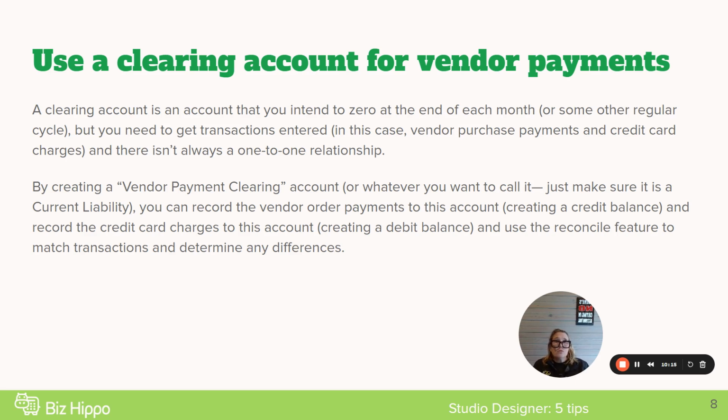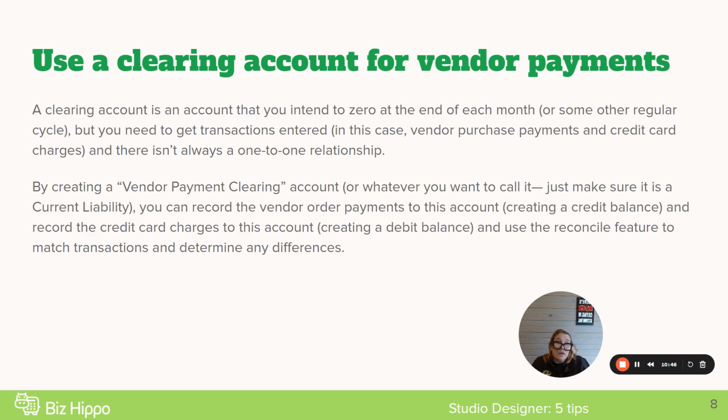And I use it to record the vendor order payments to this account, which creates a credit balance. It's a liability. And you record the credit card charges from the statement to this same account, which creates a debit balance. Then you can use the reconcile feature within Studio Designer to match the debits and the credits and determine how big the difference is, and also if it's material or not.